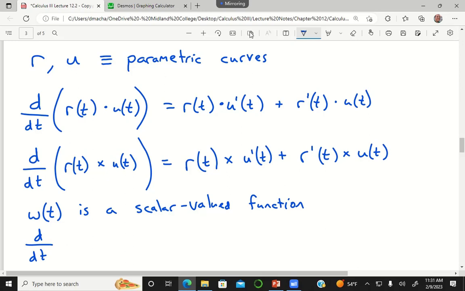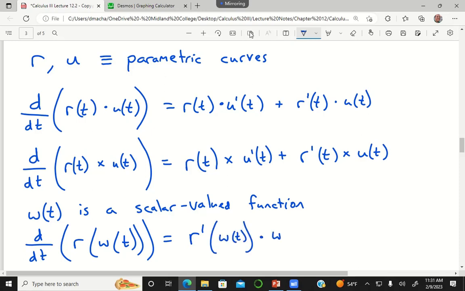So just like you might suspect, if you take the derivative of r of w of t, then just like before in Calculus 1, we're going to take the derivative of the outside function first, and then we multiply times the derivative of the inside function.